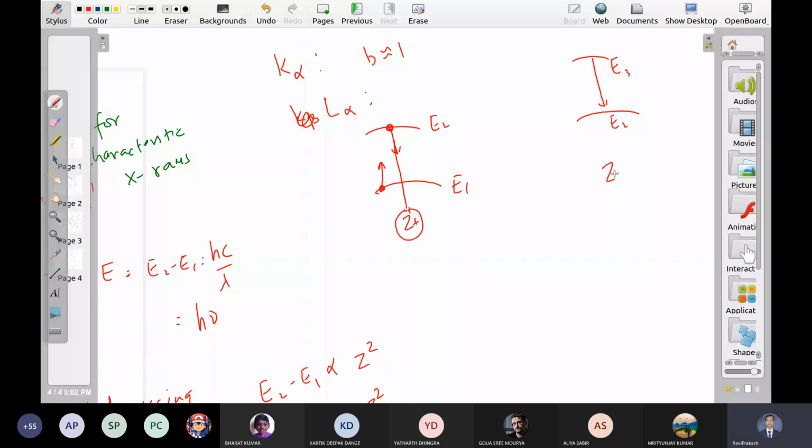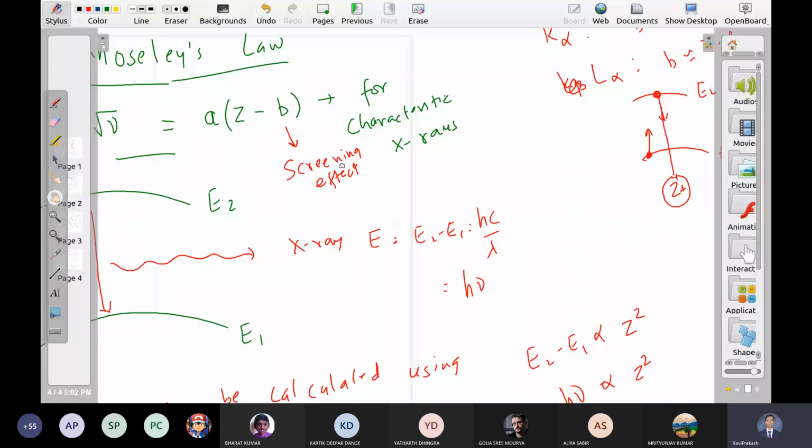So what is the equivalent b? Roughly 8. Experimentally, it is nearly 7.8 or something like that. There are many other factors also. That's how we calculate b, and therefore we get a slight departure from what Bohr's model predicts.